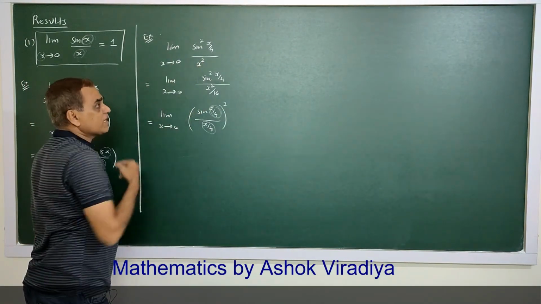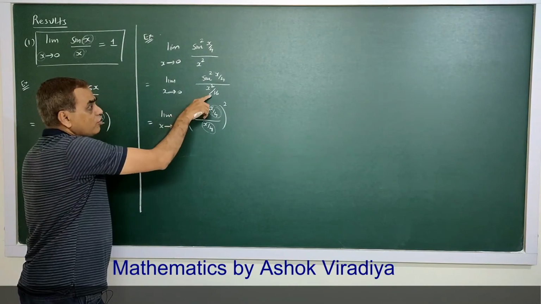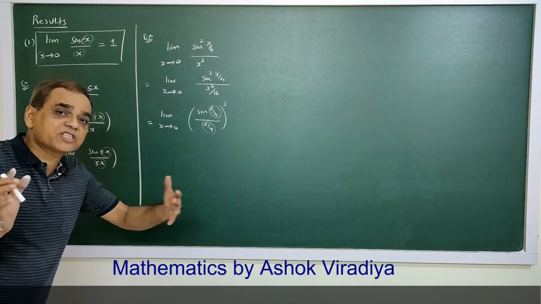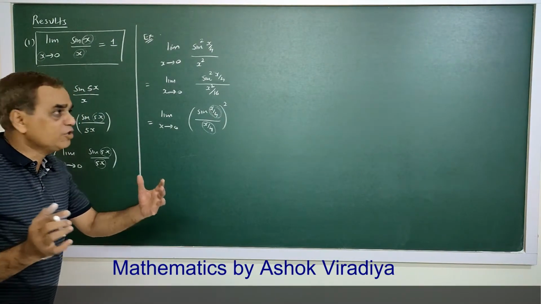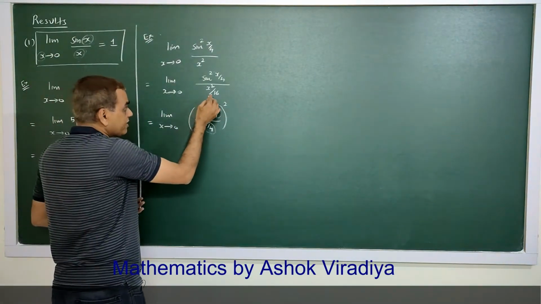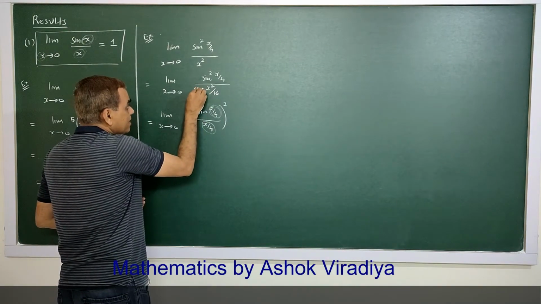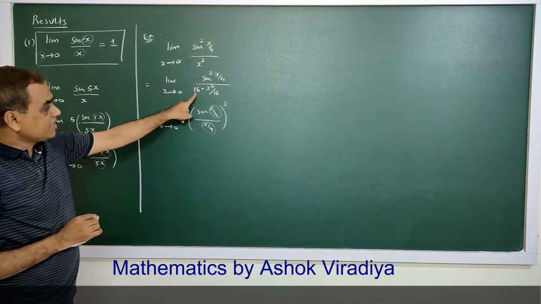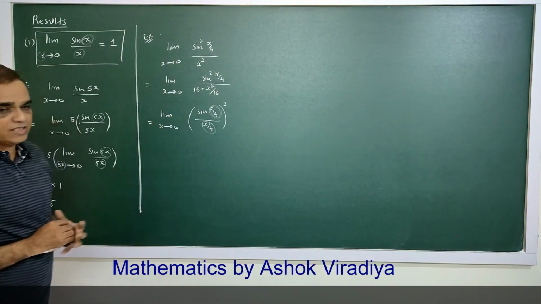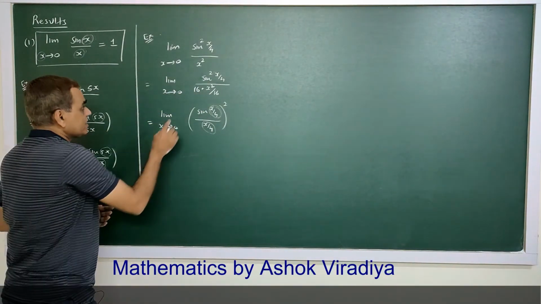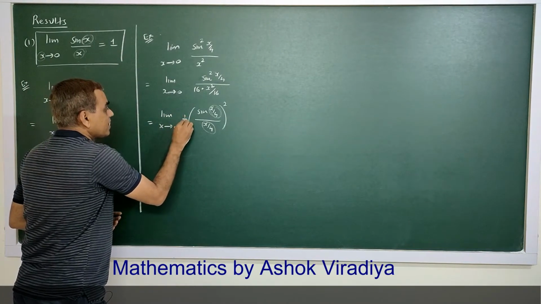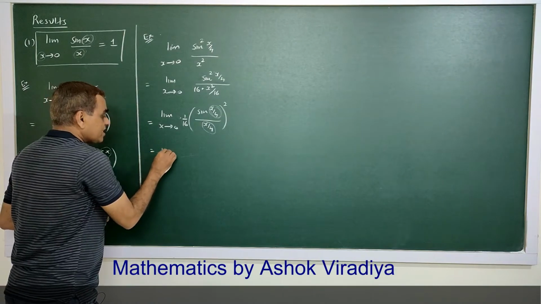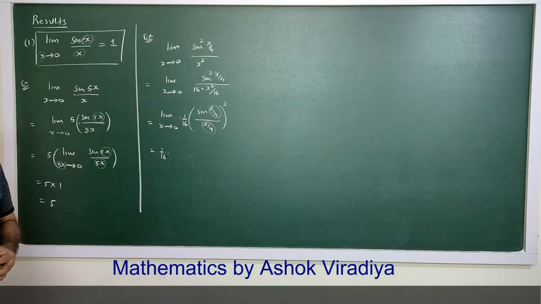No 16 is given here, and we can't add anything extra. We cannot change the value. So to maintain the value, we multiply and divide by 16. So here I am putting 1 by 16, and then 1 by 16 is kept outside.